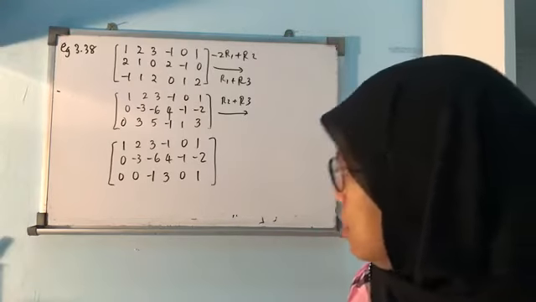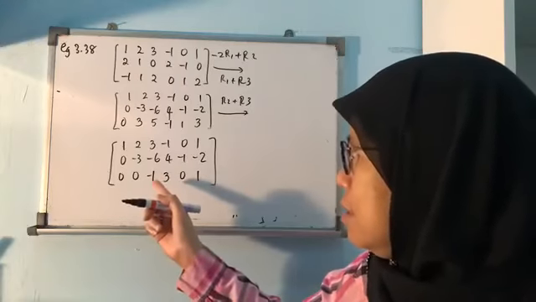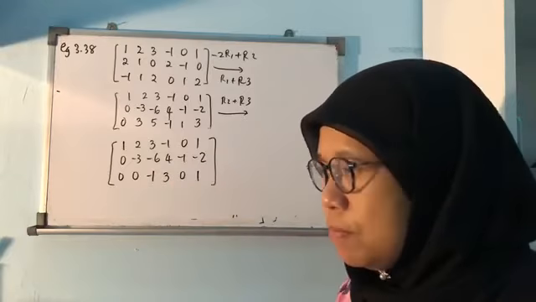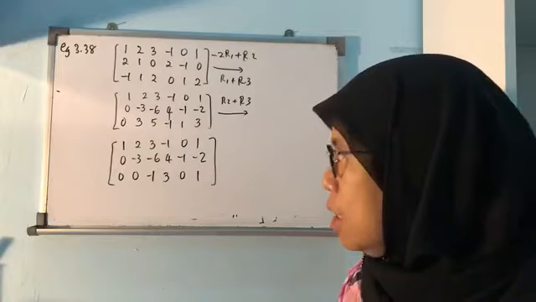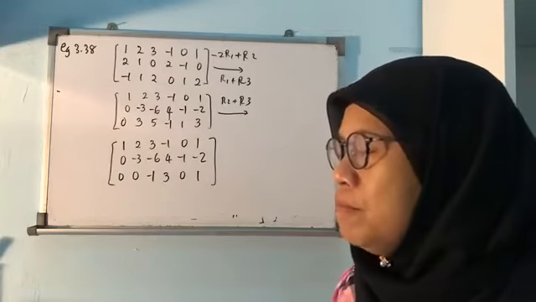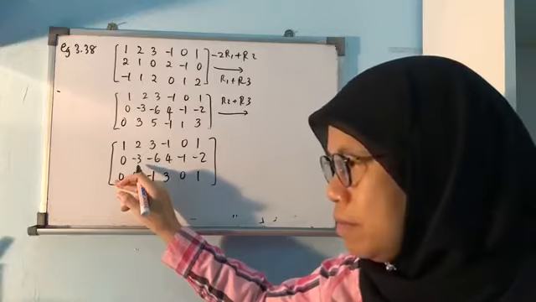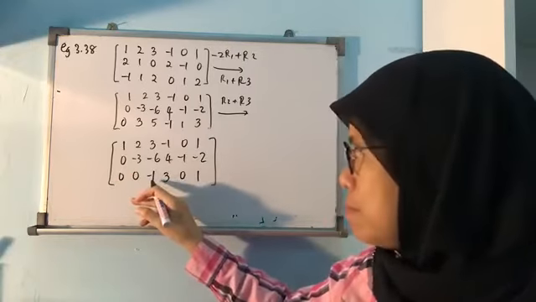Okay, since this is not yet row echelon or row reduced, but this is almost triangular, you can stop here. You can go further and make this 1, and then get fractions, make this 1.